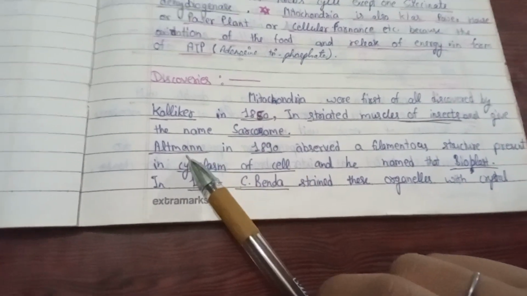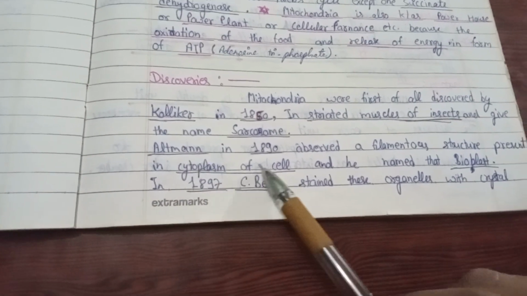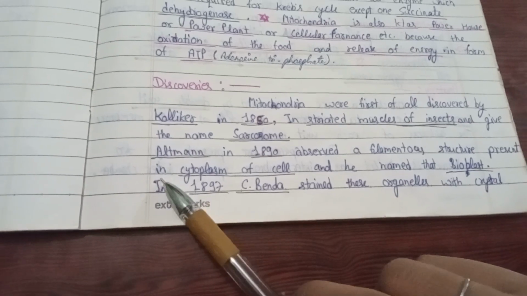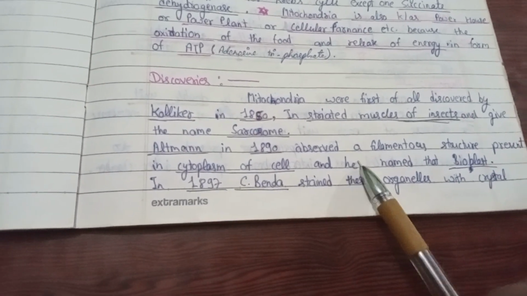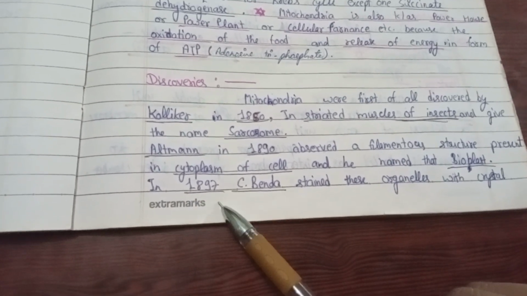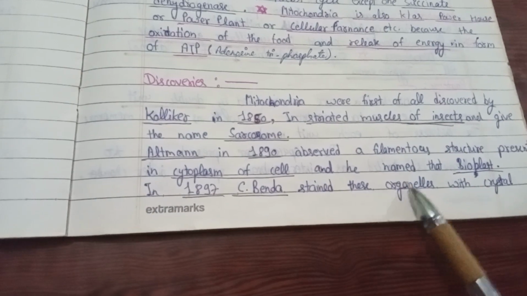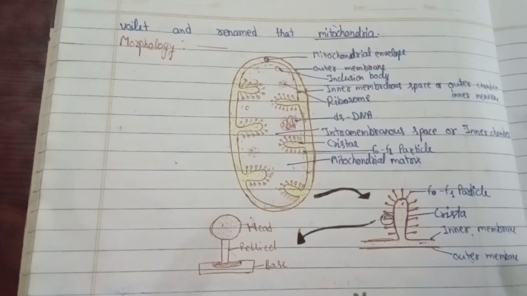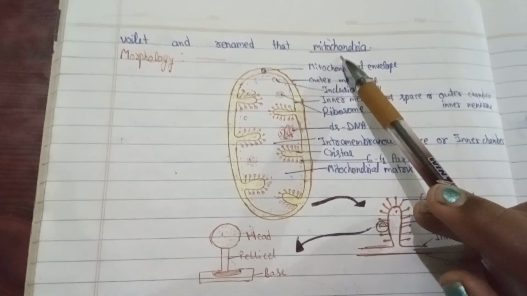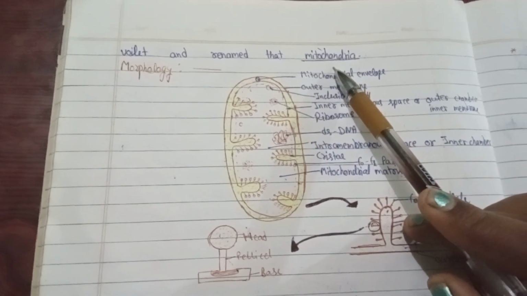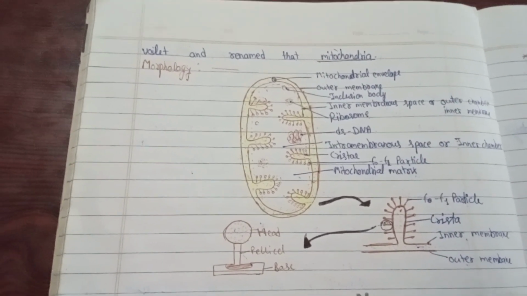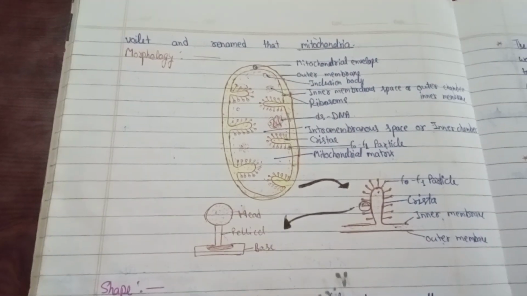After that, the scientist Altmann in 1890 observed a filamentous structure present in the cytoplasm of the cell and named it bioblast. Then in 1897, C. Benda stained these organelles with crystal violet and renamed them mitochondria. In short, Kolliker discovered this cell organelle, and C. Benda renamed it mitochondria.